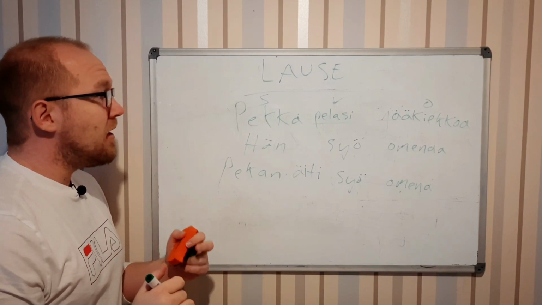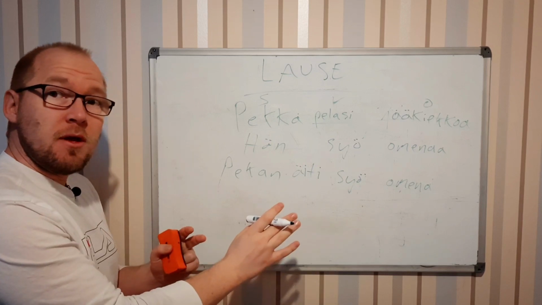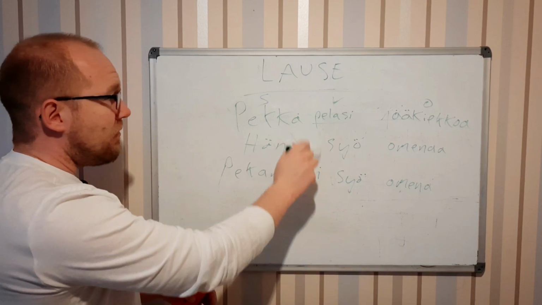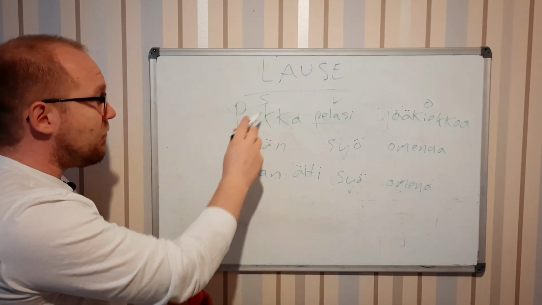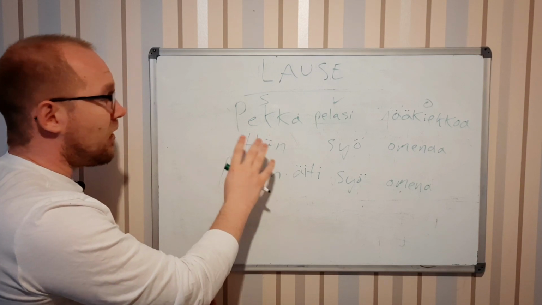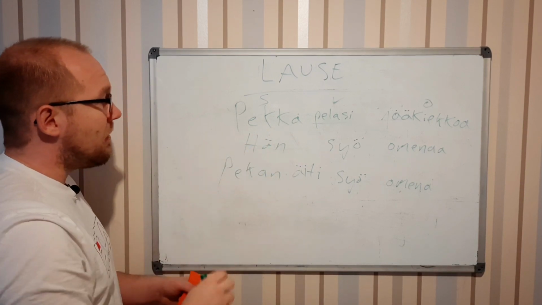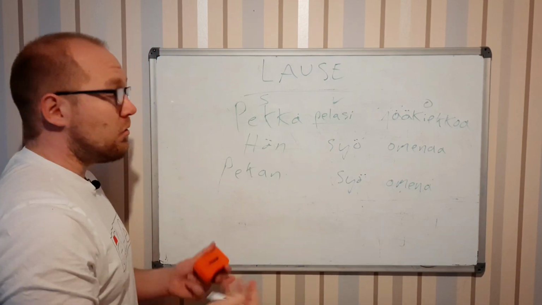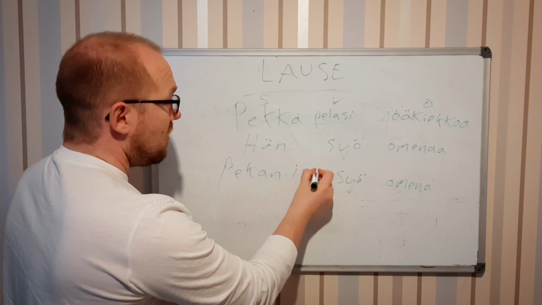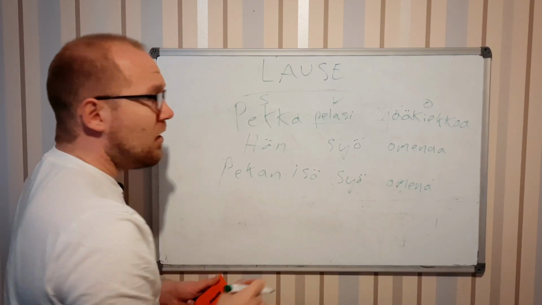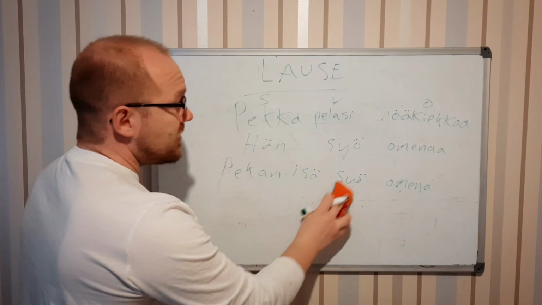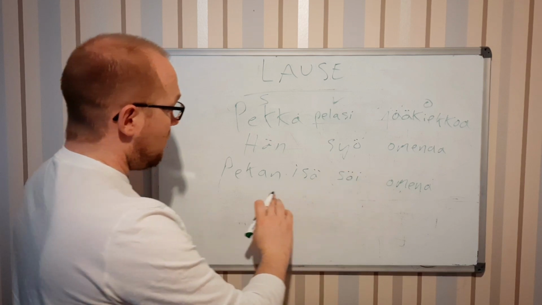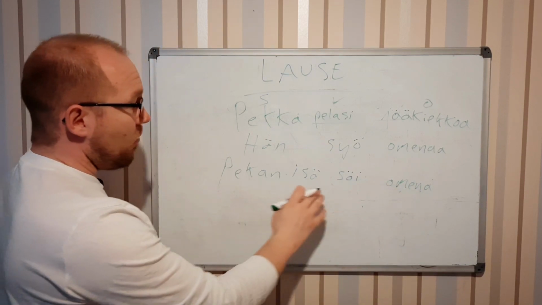For example, if you keep it just simple. Now we have here omena and we have a few verbs, and then we have pronouns and subjects and subject pronouns and then Pekan äiti we can change. What do we know? Isä. Pekan isä syö omena. What if it happened yesterday? Let's change this. Let's conjugate it. Pekan isä söi omenaa. Omenan.